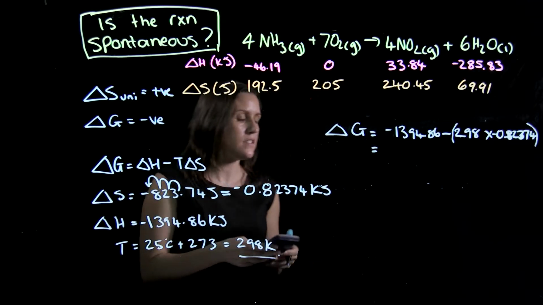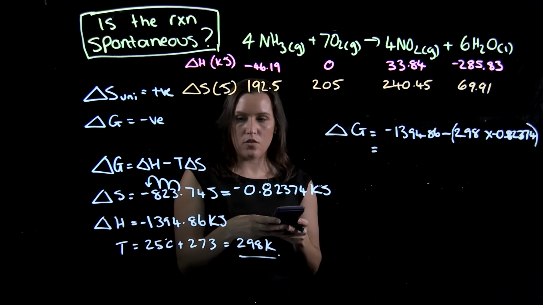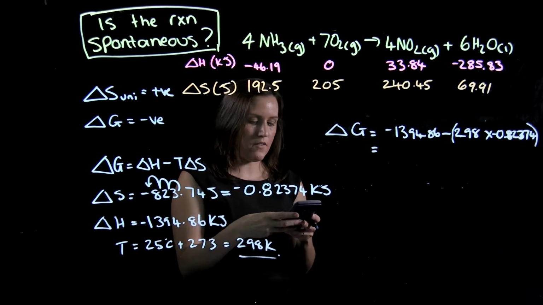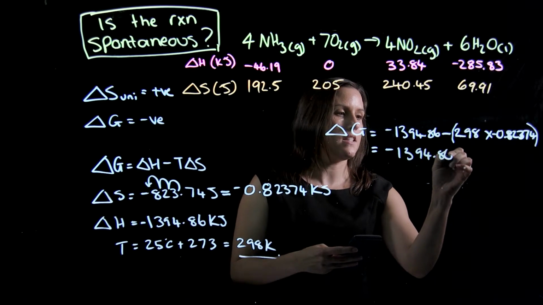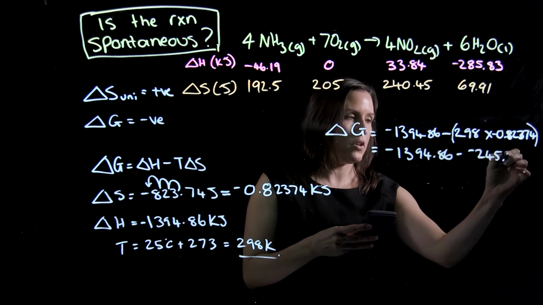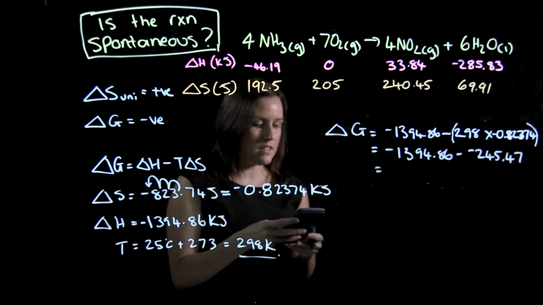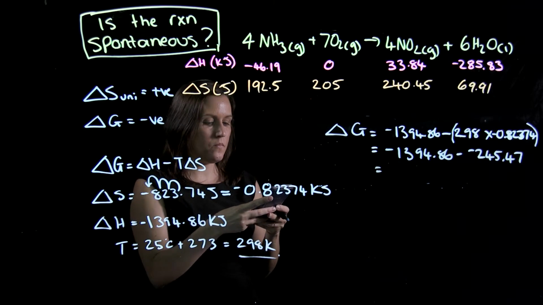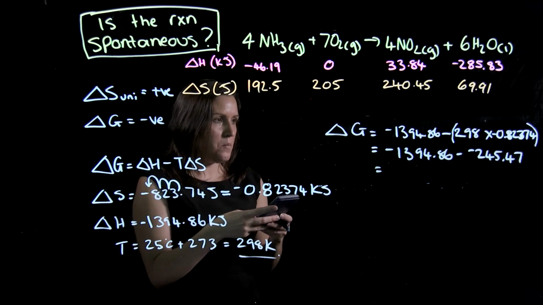So I've got 298 times negative 0.82374, which is minus 245.47. Minus 1,394.86 minus, minus is a plus, so minus 1,394.86 plus 245.47.